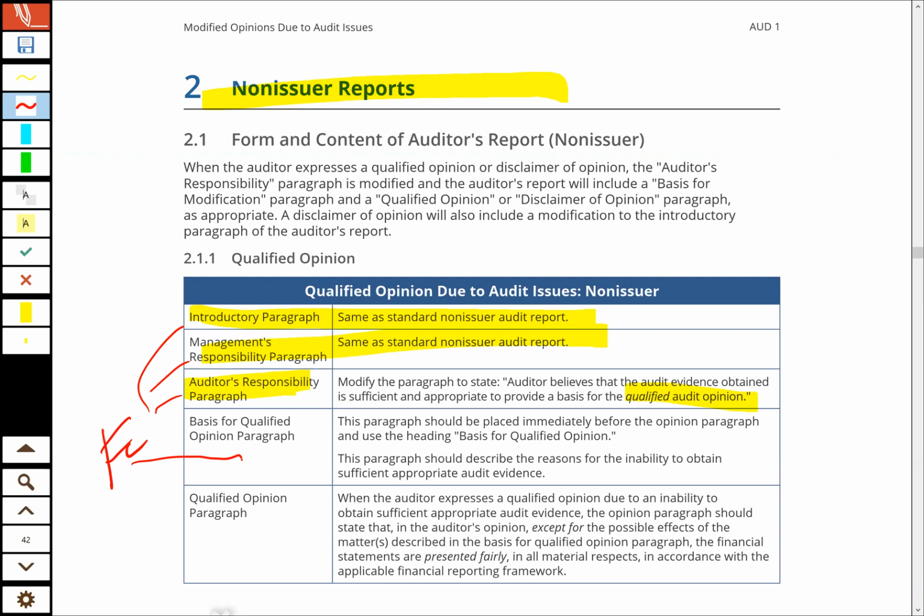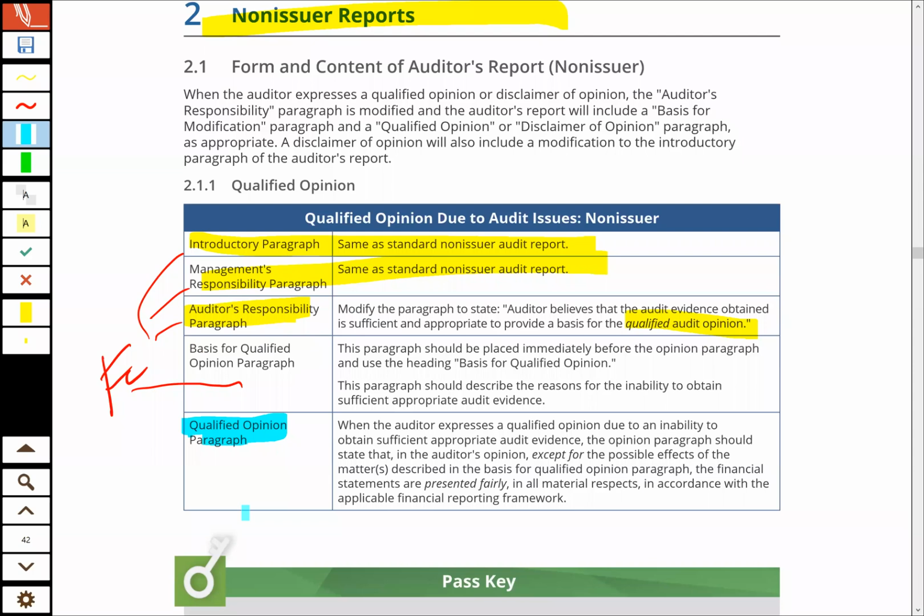And then when you write that opinion paragraph, now instead of saying except for the effects of the matters described, you're going to say the possible effects of the matter described, because the issue is that you weren't able to identify potential misstatement because you weren't able to apply the audit procedure. So you'd say, except for the possible effects of my buddy's shoes, whatever they end up being.